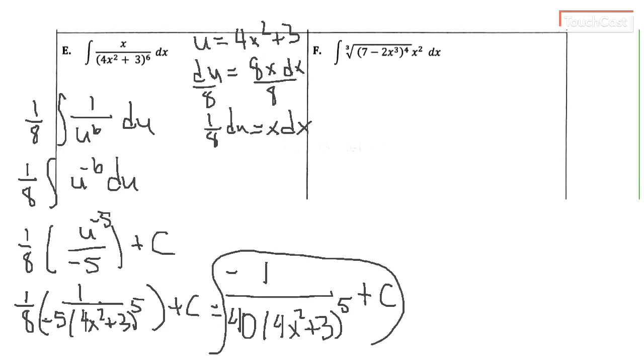And that's going to be our answer to E. So let's check F out. For F, I'm going to let whatever's in the parentheses within the square root be my u. So I'm going to let u equal 7 minus 2x cubed, which means du is going to be negative 6x dx, but we don't want that.